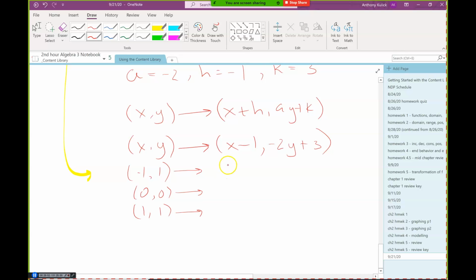So when I plug -1 in for x and +1 in for y, I get the point -2, 1. When I plug 0 in for x and 0 in for y, I get the point -1, 3. And when I plug 1 in for x and 1 in for y, I get the point 0, 1.